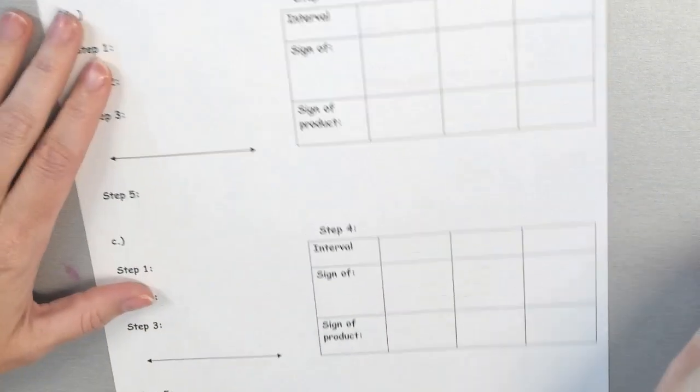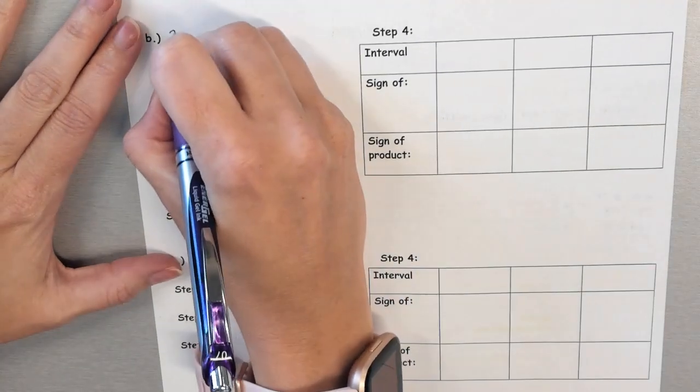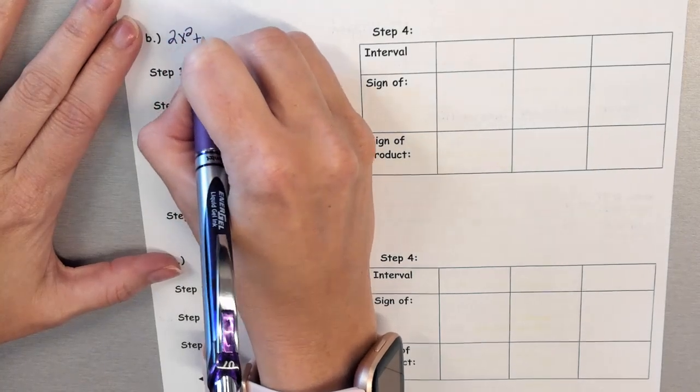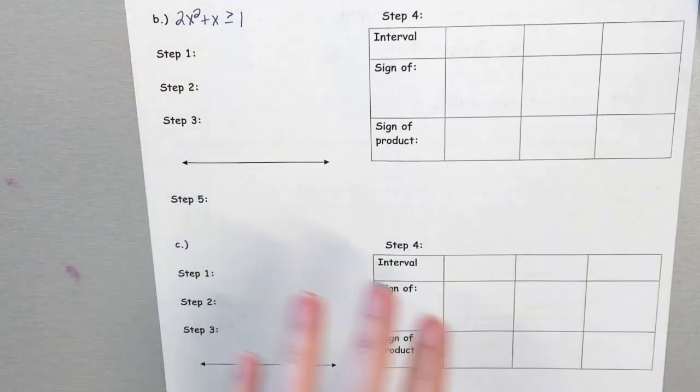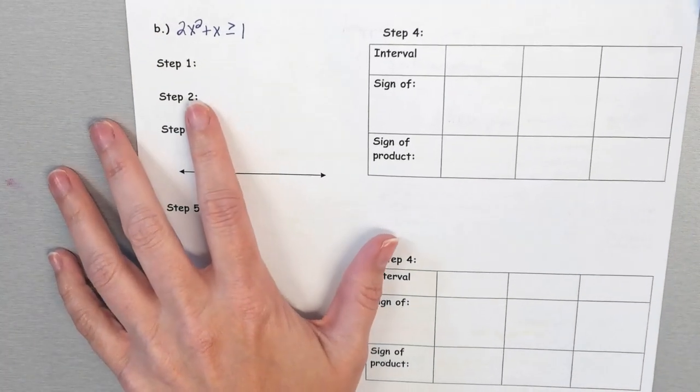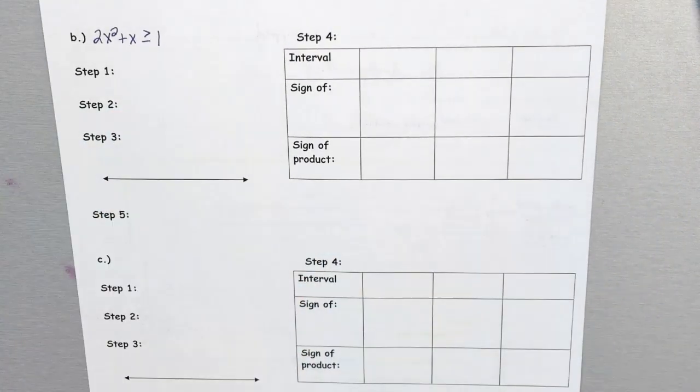Okay, so for part B, I'm going to give you the equation, and I want you to do your first couple steps. Okay, so go ahead and move everything over, do your factoring.